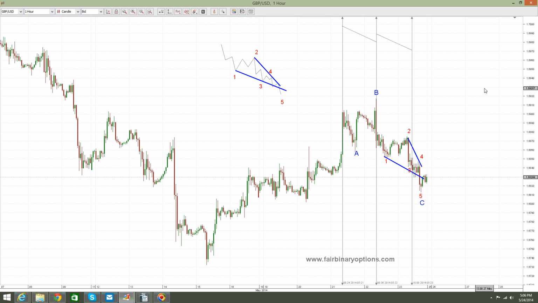A and B are almost the same, and this points to a possible elongated flat signaling a contracting triangle.